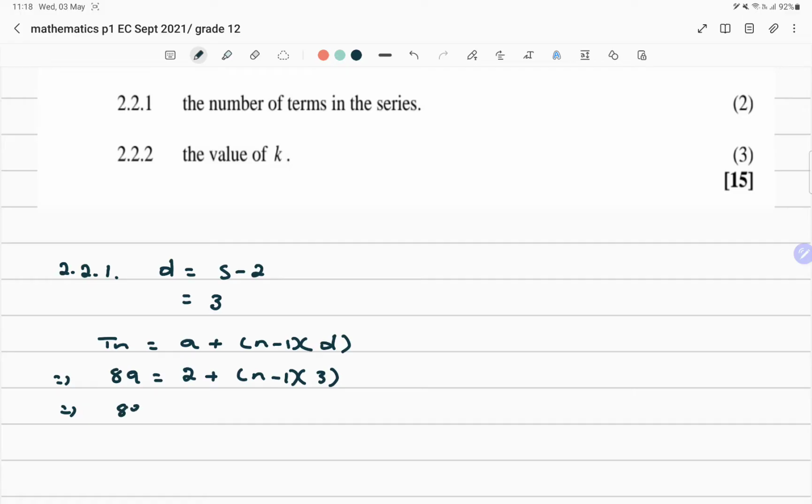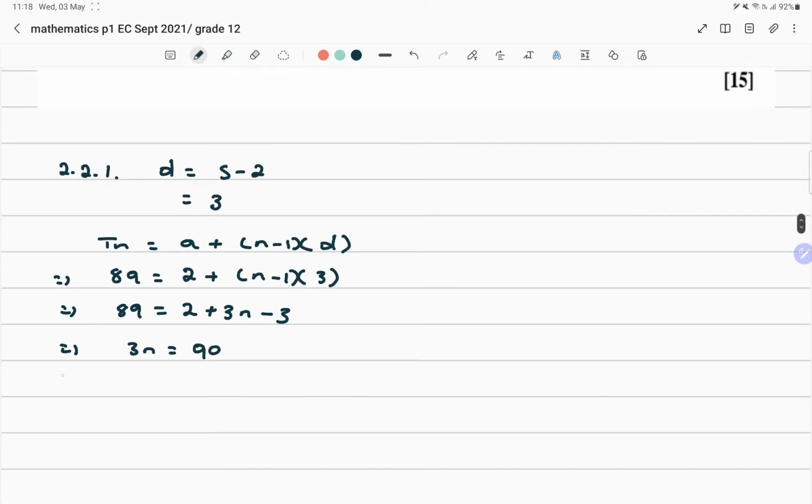We work it out: 89 equals 2 plus 3n minus 3. This implies that 3n is equal to 90. Therefore, when we divide by 3, n is 30. So there are 30 terms in this sequence.